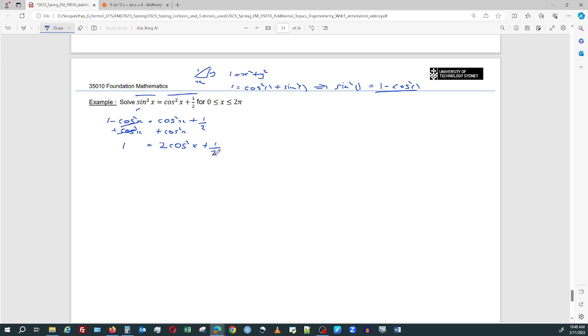Okay, so let's think about this a little bit further to make that equal to 0. Yeah, subtract. So 1 minus a half is just a half. 2 cos squared x.